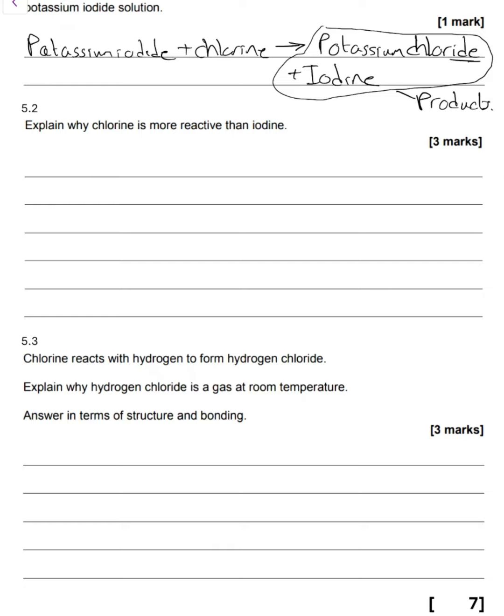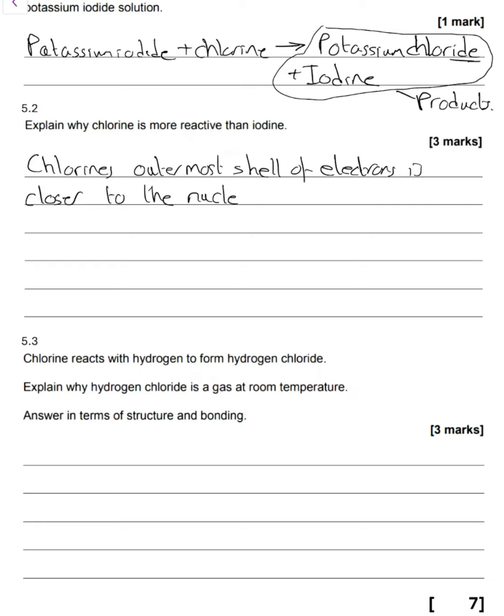First thing we have to say is that chlorine's outermost shell of electrons is closer to the nucleus than for iodine. Okay, so it's closer to the nucleus.